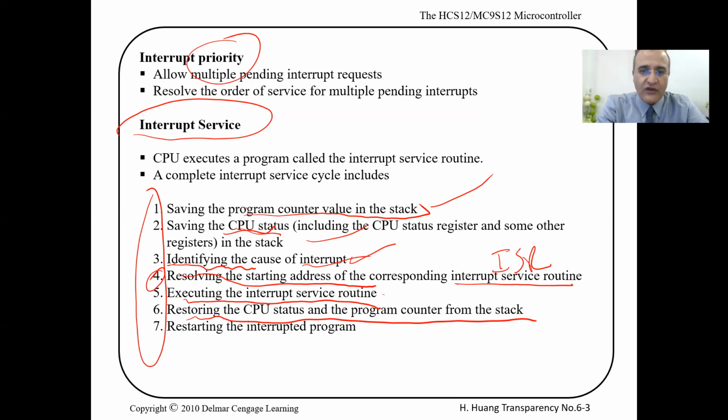This will restore all the CPU registers and program counter values we stored, and among those is the program counter, causing the interrupted program to go back to execution from the point where it was interrupted. So these are the steps.